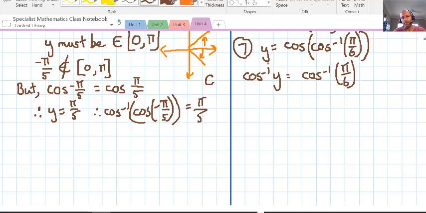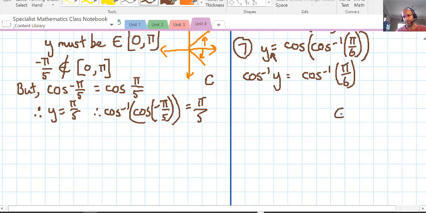And y is about elements of the range of a cosine function. And we have to think about the restriction. So what are the restrictions in the range for a cosine function? Well, it goes from -1 up to 1. So we need to check that the solution we get in a second falls between that.